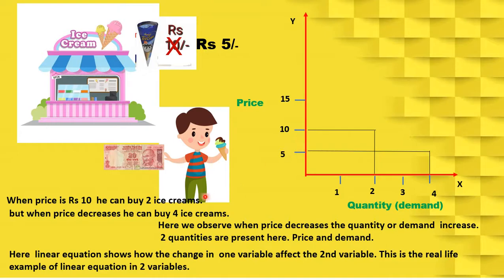So here the linear equation is observed with two variables, price and quantity. We take price as one variable and quantity as another variable. In this example we can observe how a change in one variable affects the second variable. So this is a real life example of a linear equation in two variables.